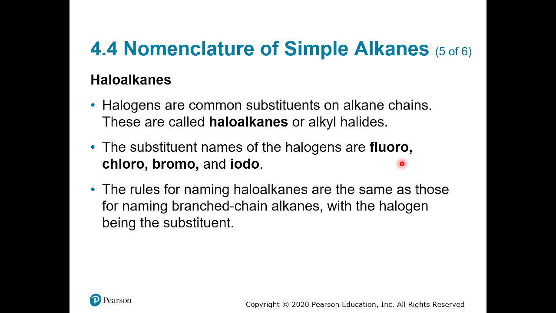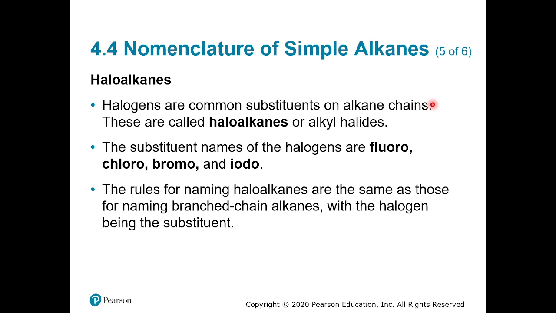Okay, haloalkanes. So halogens are going to be common substituents on alkane chains. They're going to be referred to as haloalkanes. They're somewhat of a special group because halogens only make 1 bond, right? And so they're very analogous to hydrogens actually, because they only make 1 bond. They don't do anything else structurally to it. They're kind of just direct substitutes for hydrogen, aren't they?